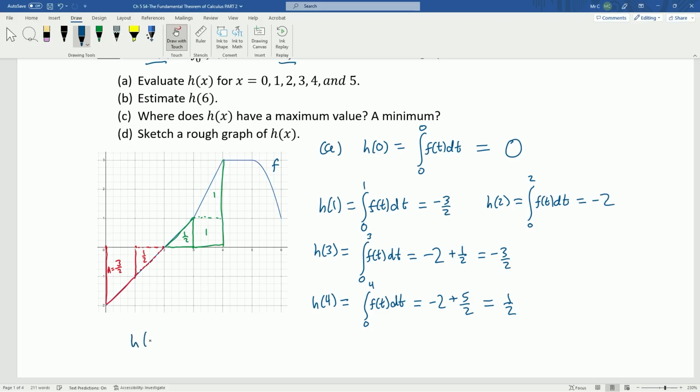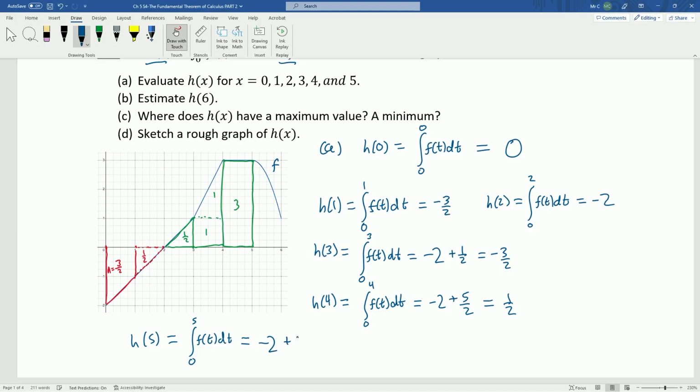Now we'll take a look at h of 5. And now we accumulate another 3 units under the curve. So altogether, we've got -2 from our negative portion, and then we've got 5.5 here.